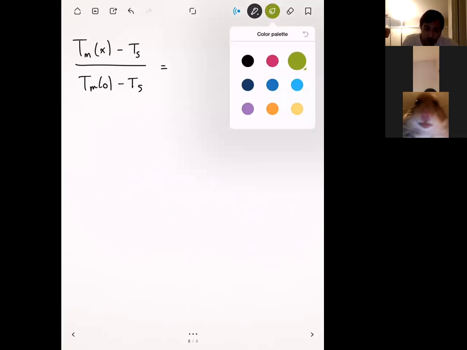First, let's simplify and isolate the exponential. On the left-hand side, we have Tm of x minus Ts over Tm of 0 minus Ts. Let's plug in values for these.